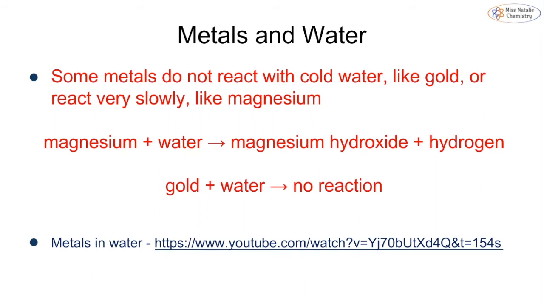And we know this. If we have a gold watch or a gold ring or a gold necklace and it gets wet, we know that it doesn't dissolve away, or else any jewellery that we would wear outside in any rain would completely dissolve. And we know that's not the case. And again, this is another link to show the different reactions of metals and water, and you can find this in the description.